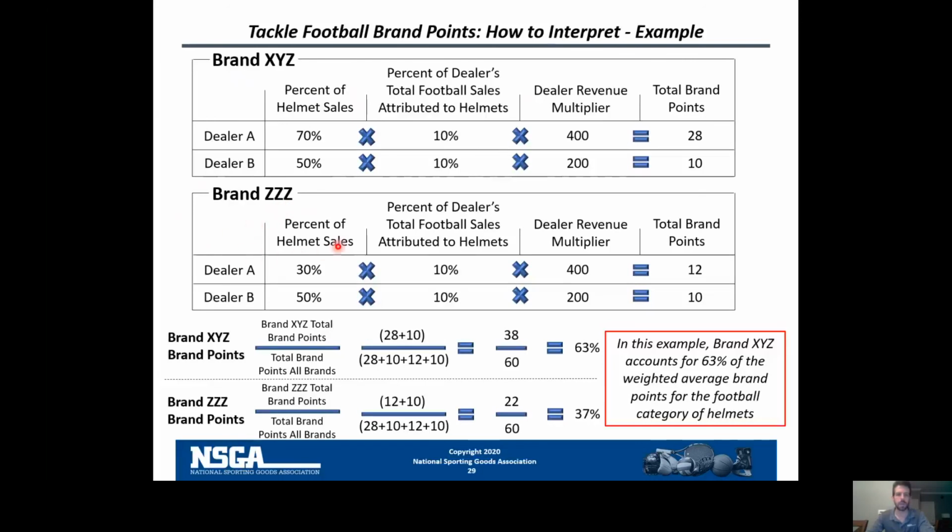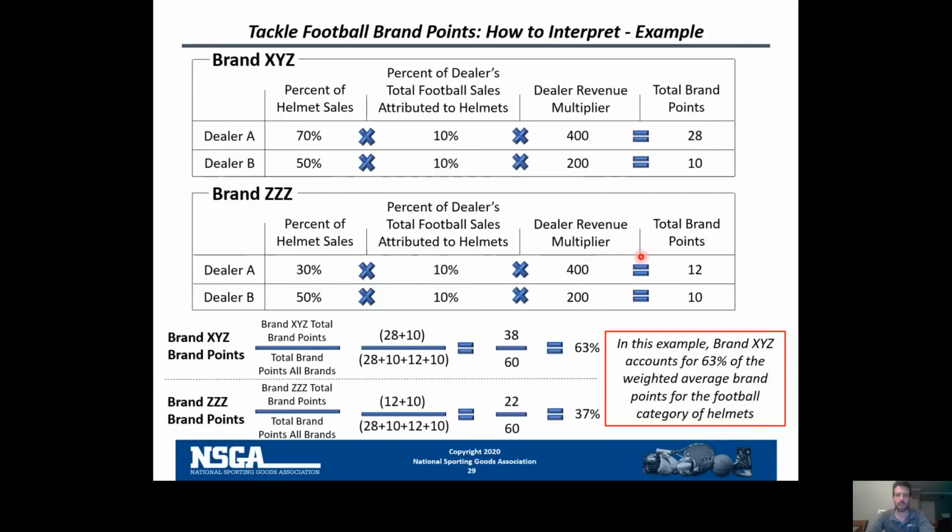Okay, so again, we're still looking at helmets. Brand ZZZ has 30% of dealer A's helmet sales, and they have 50% of dealer B's helmet sales. Okay, so the values for this variable change. The values for these variables actually stay the same as we have up here, because these two variables are specific to the team dealers only.